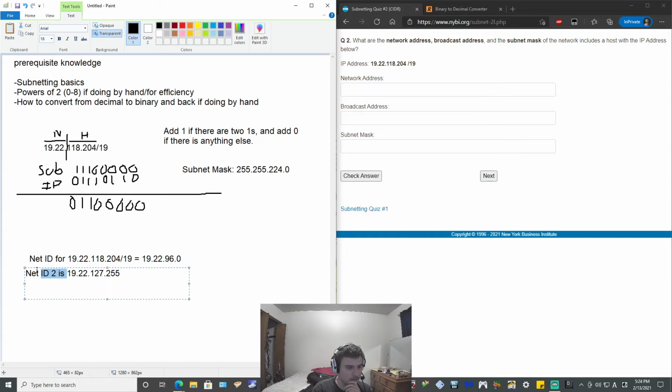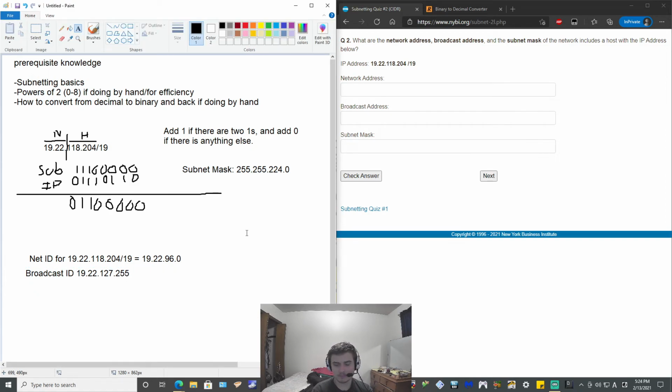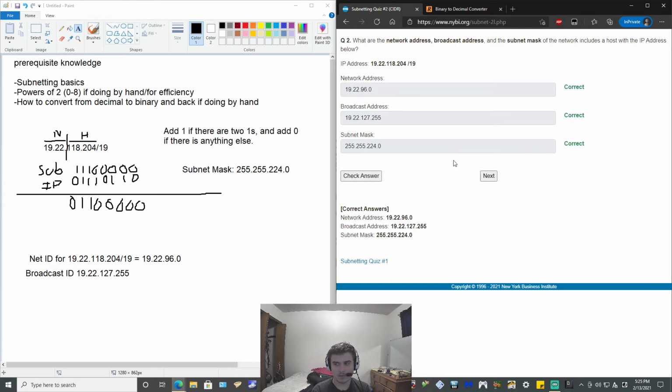So if we do that, that is our broadcast ID for the problem, right? And as you can see, I just punched in the numbers to check them, and if you look, they're all correct. So that's how you find the network ID for odd subnet masks, I guess you could say.